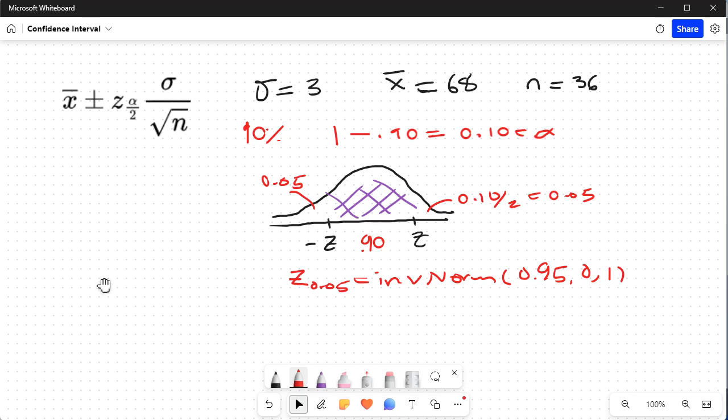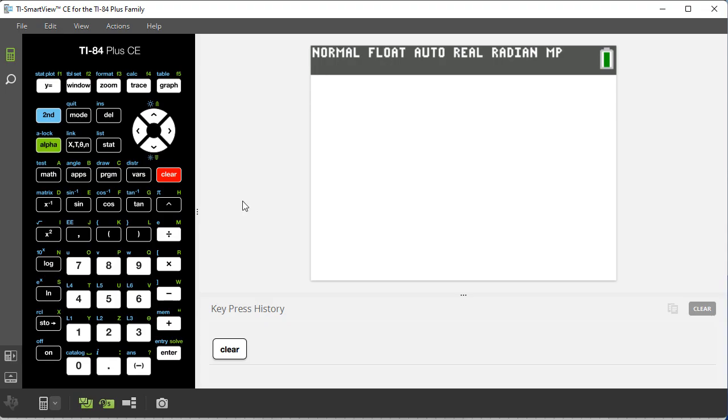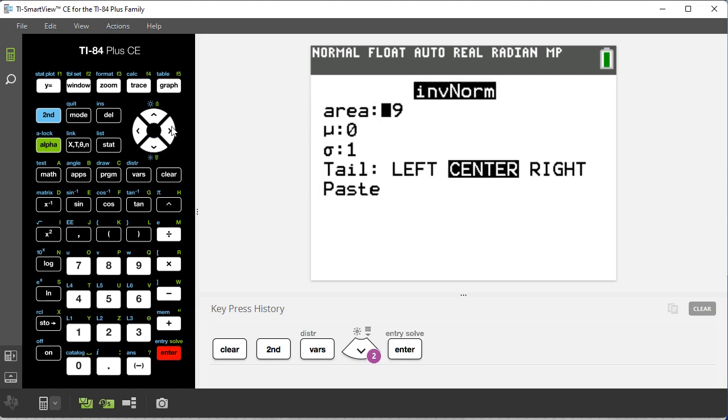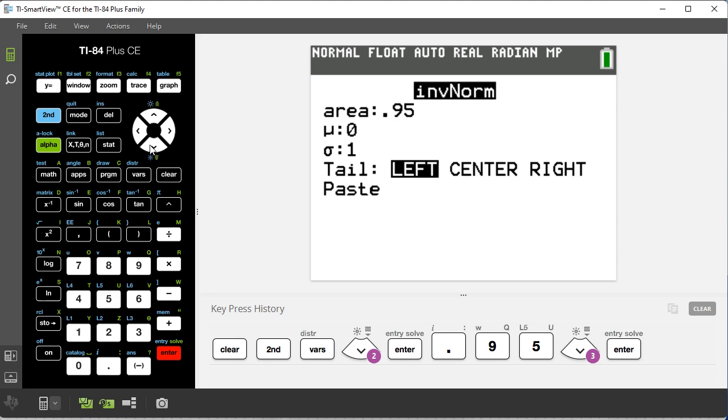Now let's calculate how we can find that critical value. We'll go to second vars and use the inverse norm function. Here we use the area to the left of our critical value, 0.95, with the mean 0 and standard deviation 1 respectively, and we select left.